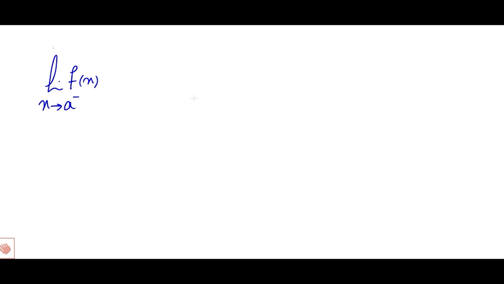Look at this x-axis, and here is a, so approaches a from the left means here. For example, if a is equal 1, so x is equal, for example, 0.9 or 0.99 and so on. Okay?